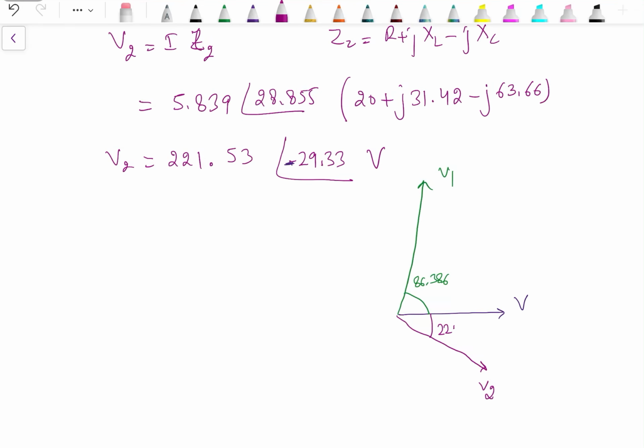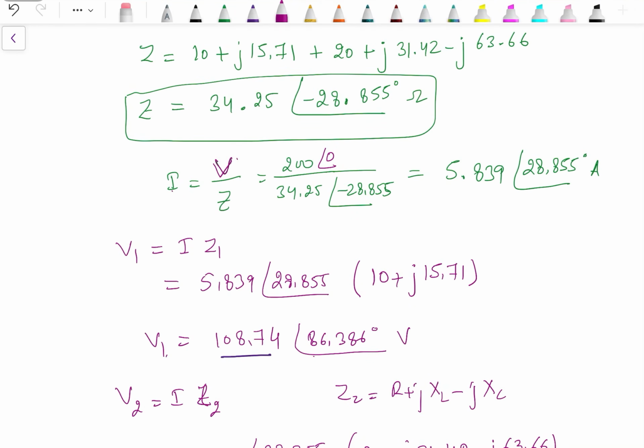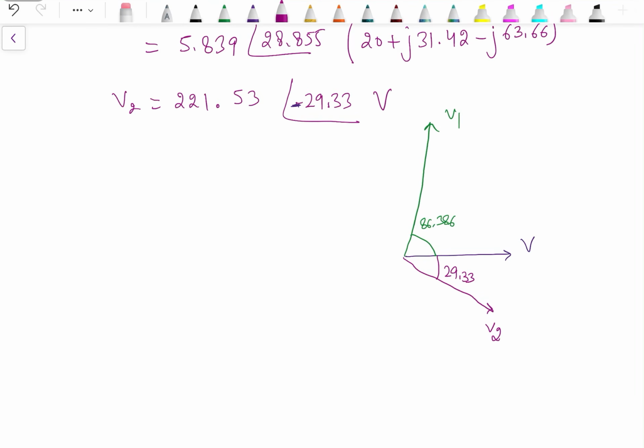Sorry, this is 29.33, and current I leads the voltage by 28.855 degrees. So this is what we have in the phasor, or we can say the resultant of V1 and V2 is voltage V.